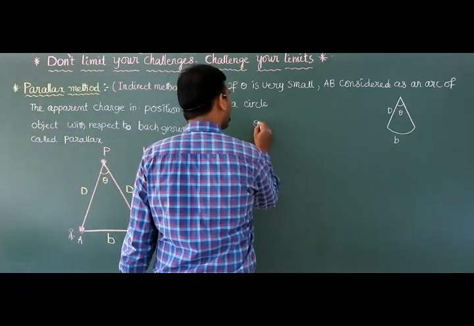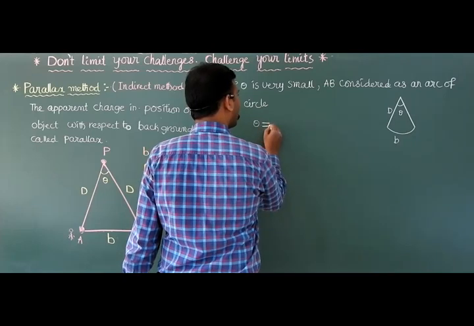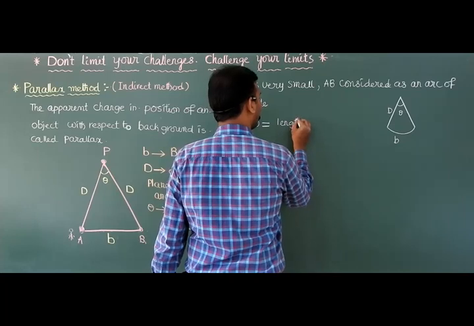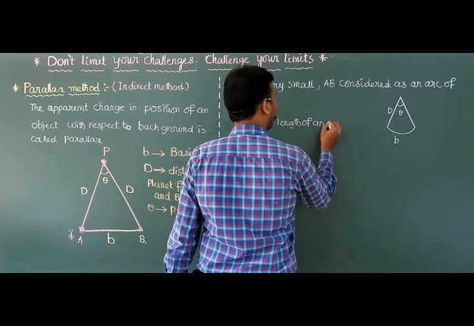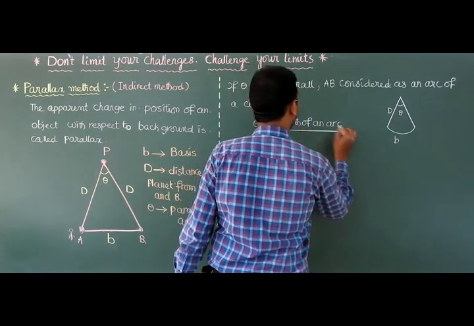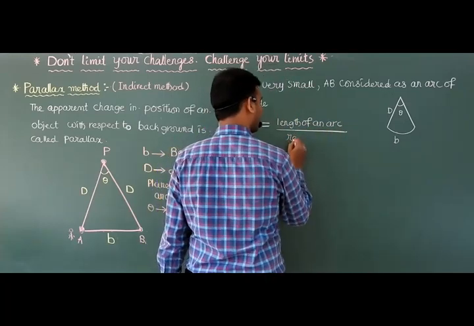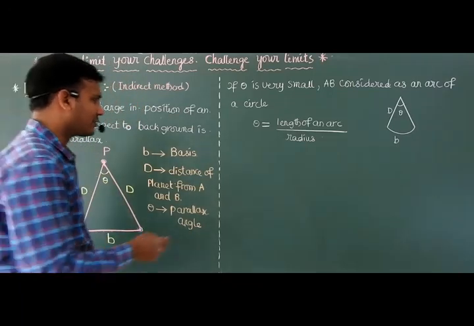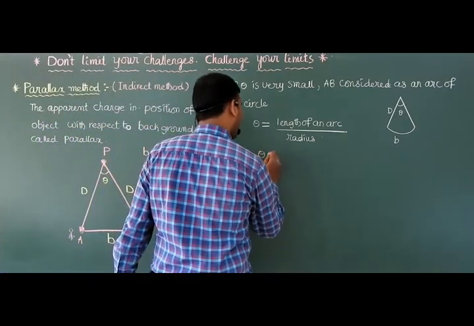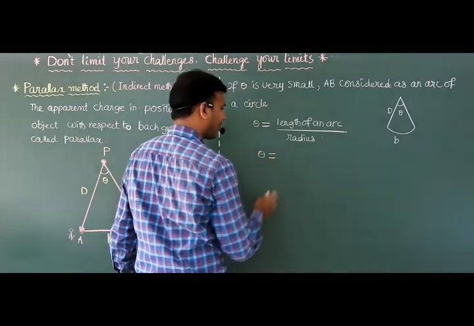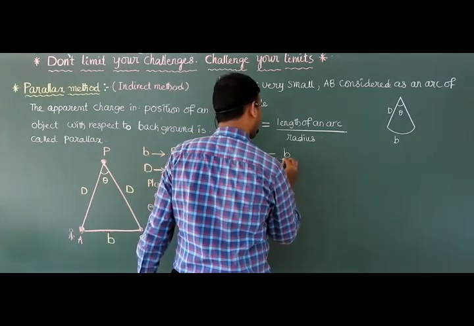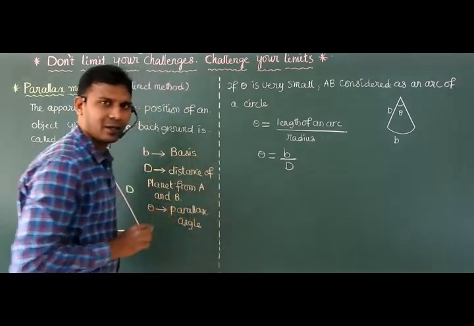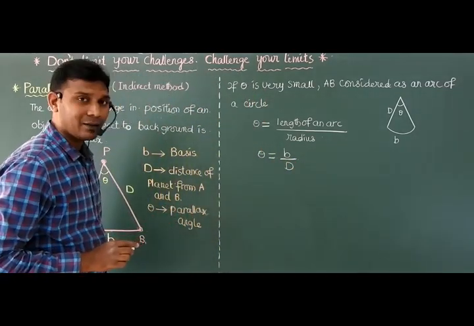So theta is equal to the length of an arc divided by radius. What is the length of the arc? B. What is the radius? D. What do we want?